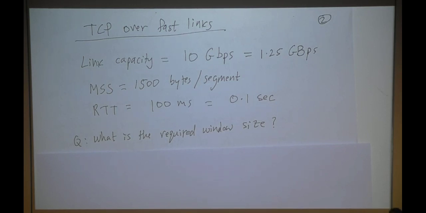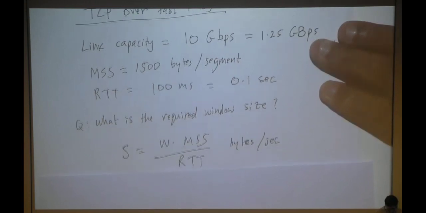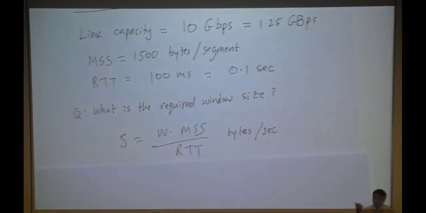To fully utilize the link means my sending rate matches the link rate. The link rate here is 1.25 gigabytes per second. We know that the sending rate is W times MSS by RTT, right? So what I'm asking is, what is W?